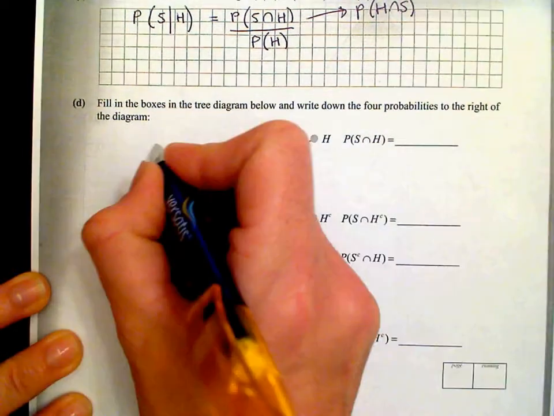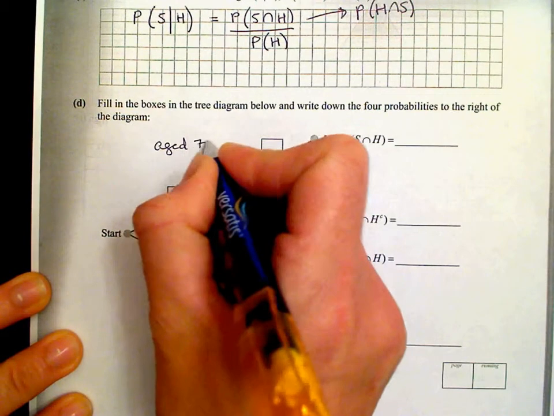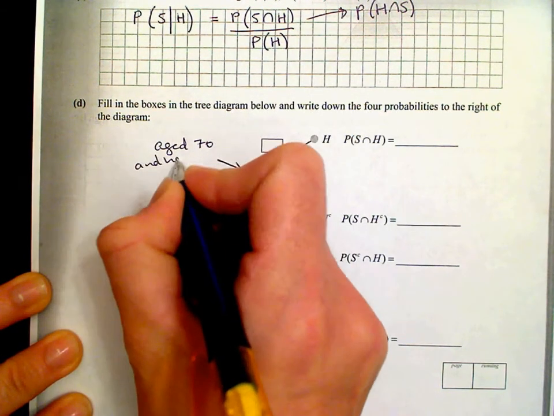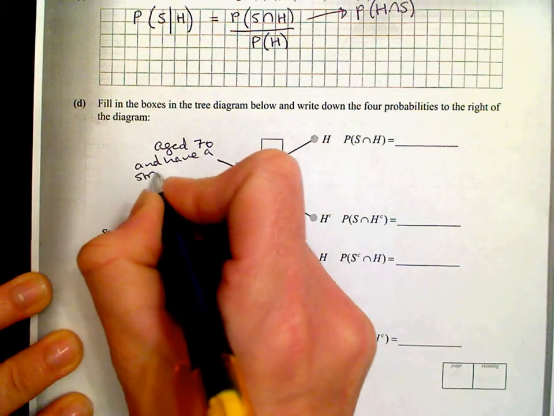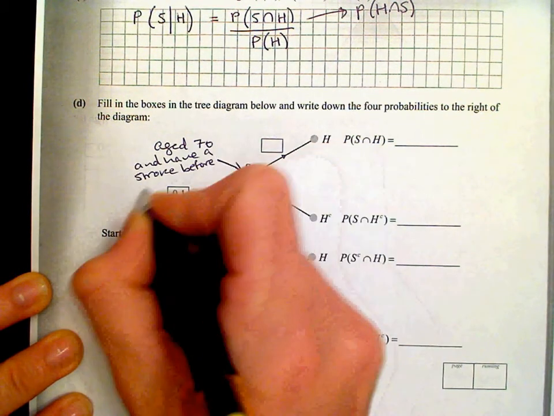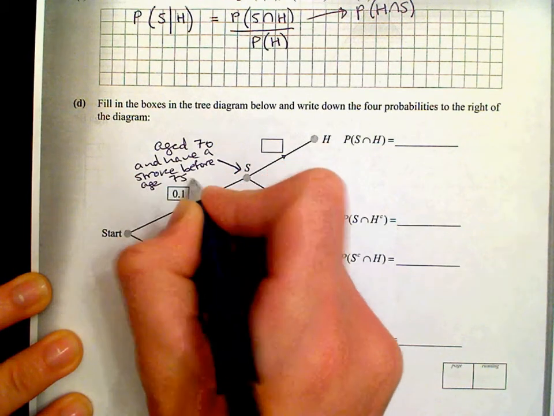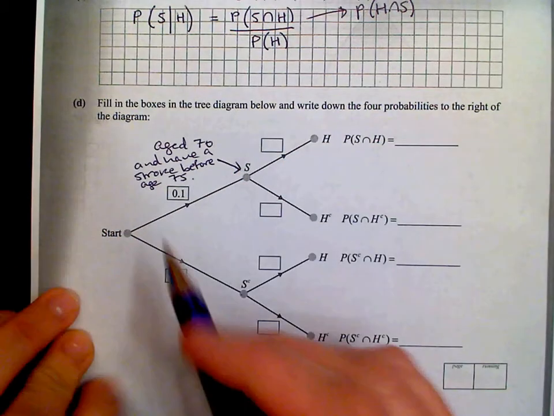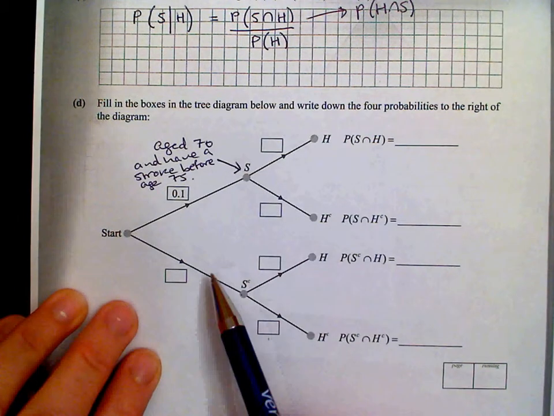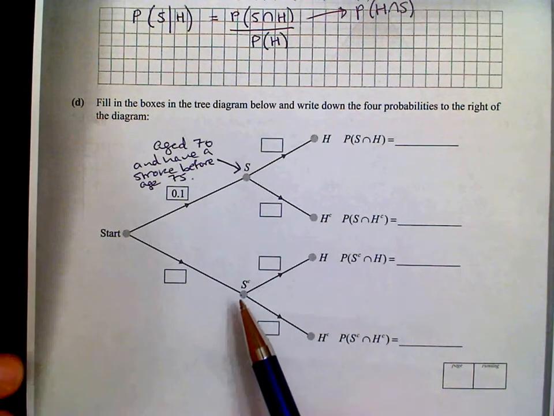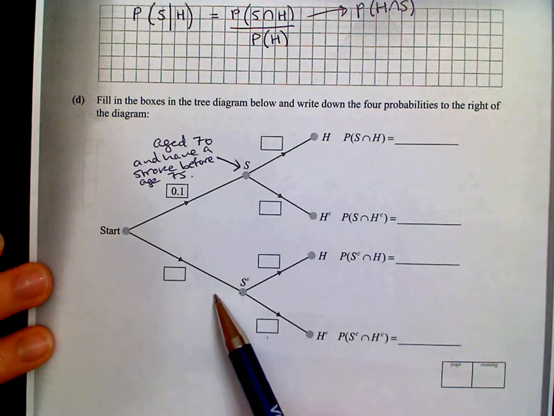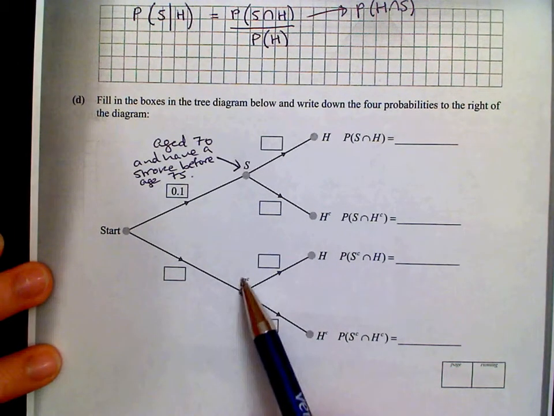So these are the people aged 70 and have a stroke before age 75. Okay, so we know that that probability is 0.1, so therefore the probability of being aged 70 and having no stroke before the age of 75 is what we need.